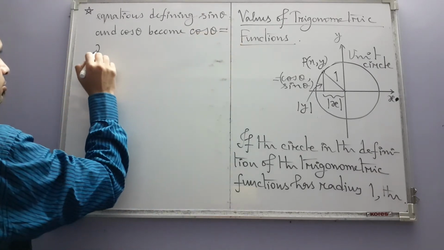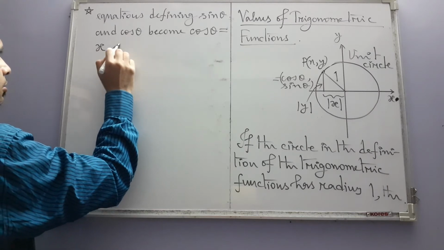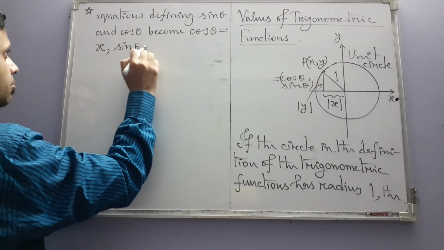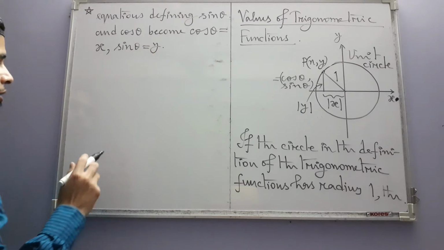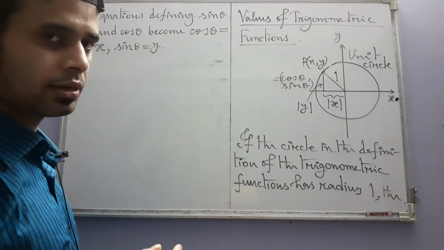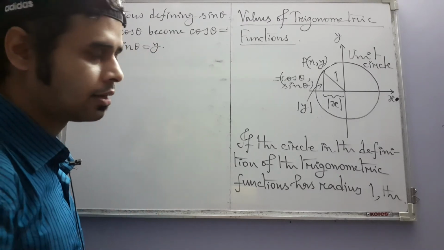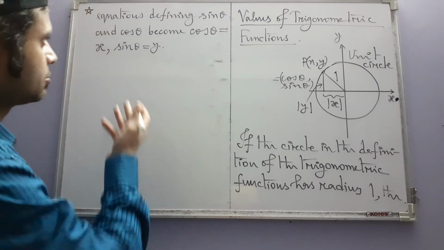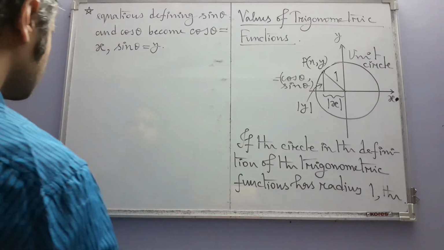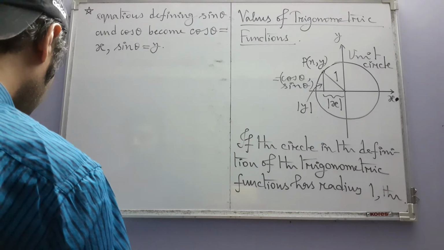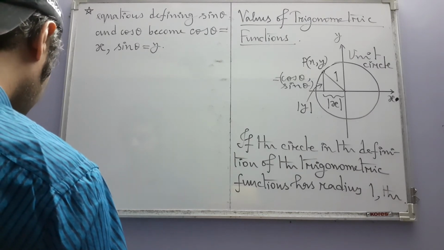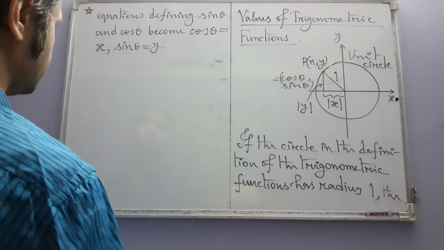Cos theta equal to x and sine theta equal to y. Originally cos theta is x divided by r and sine theta is y divided by r, but now r is 1. So that is why these equations look like this. We can then calculate the values of cosine and sine directly from the coordinates of P.